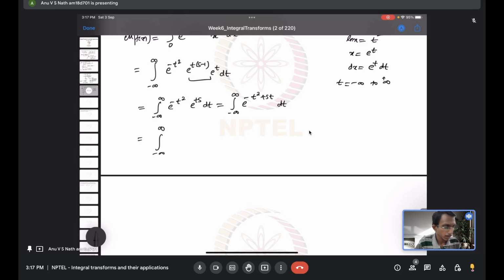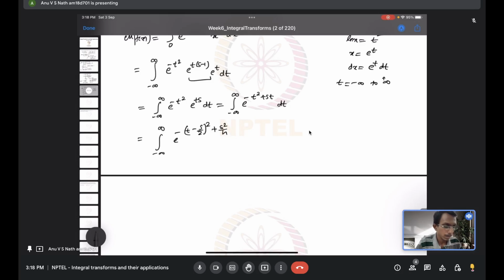Here we will use a technique that we have used earlier, completing the squares. We can complete this like t minus s by 2 the whole square. It will become minus s square over 4, so we have to add an s square over 4 here.